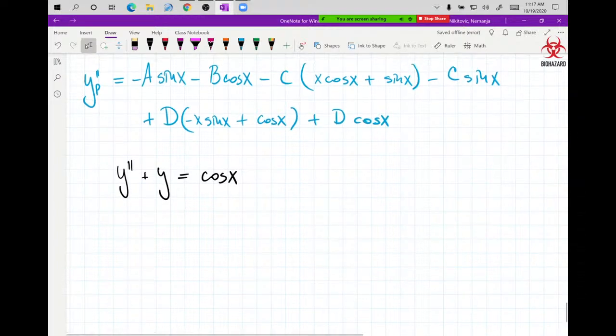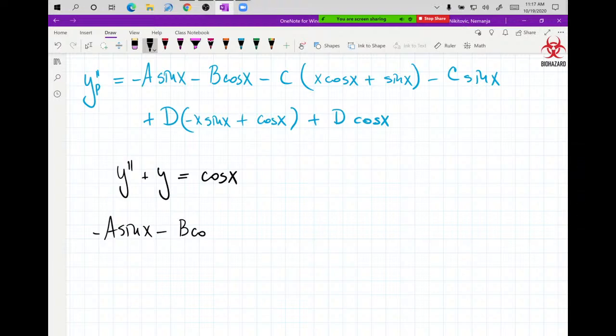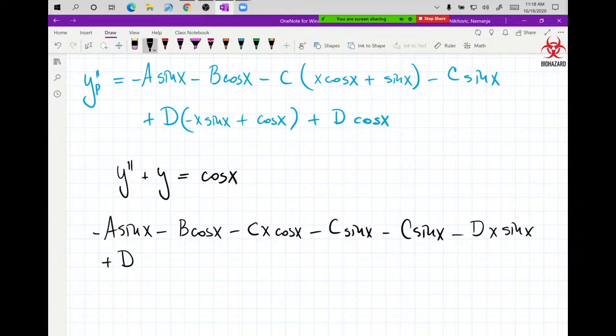So yp, y double prime, right? So that's negative a sine x minus b cosine x minus cx cosine x minus c sine x minus c sine x minus dx sine x plus d cosine x and plus d cosine x.